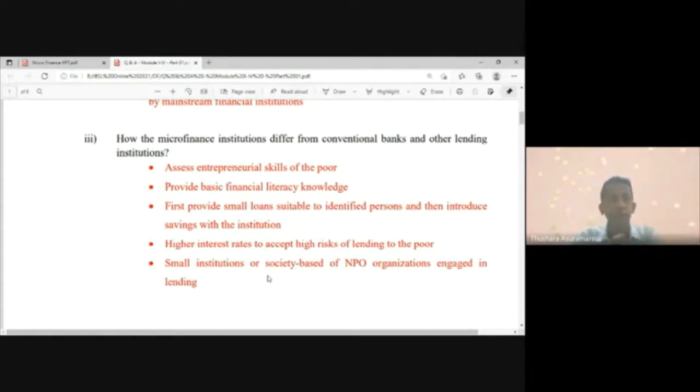But if you come to the micro level, they don't even know basic financial literacy. They don't know bookkeeping, marketing, how to win customers, saving, and even how to operate an account. So that part is done by the MFIs.